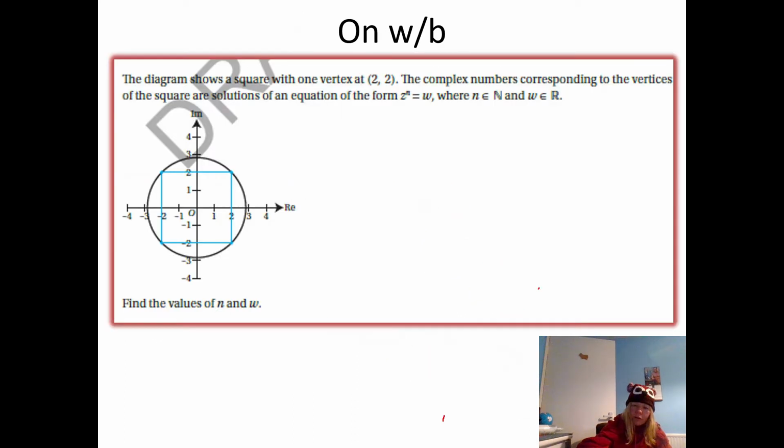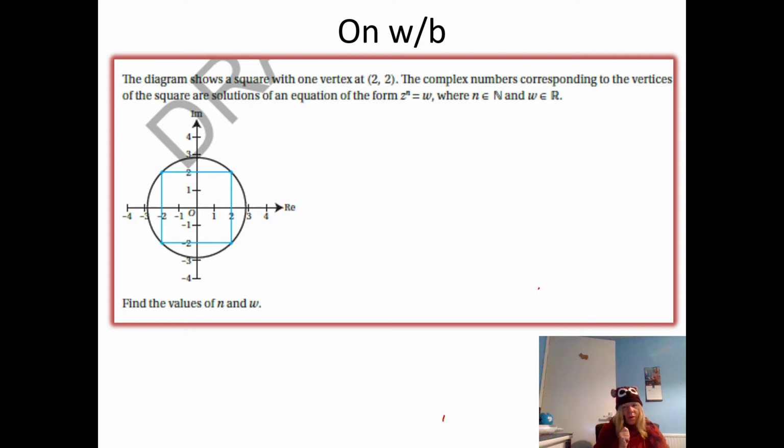Right, next question. It's one for you. Oh, excitement. Right, have a go at that one. I shall read it to you because it's got that draft across it when I did it originally. The diagram shows a square with one vertex at 2, 2.